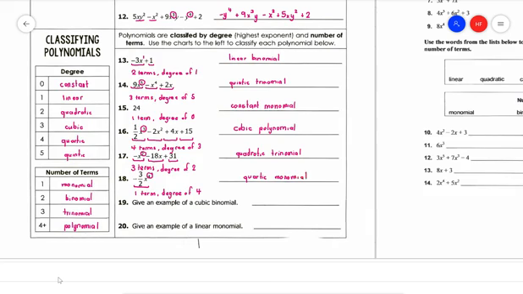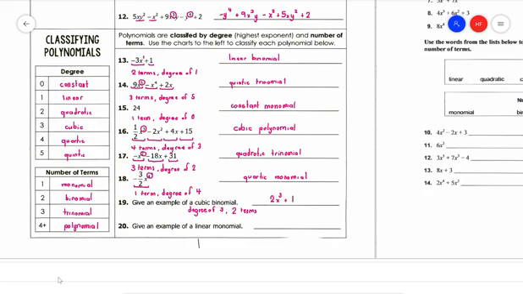On 19, give an example of a cubic binomial. We could come up with many. A cubic binomial means the degree is 3, and there are 2 terms. So let's do 2x cubed plus 1.